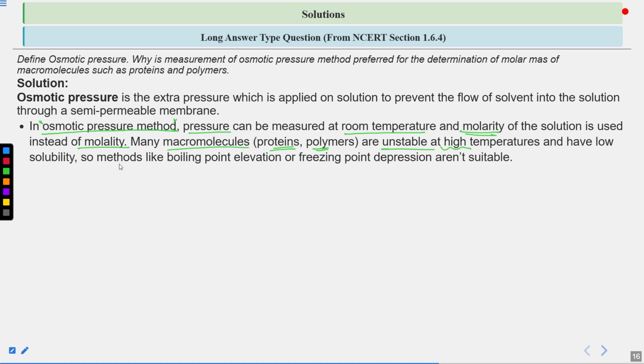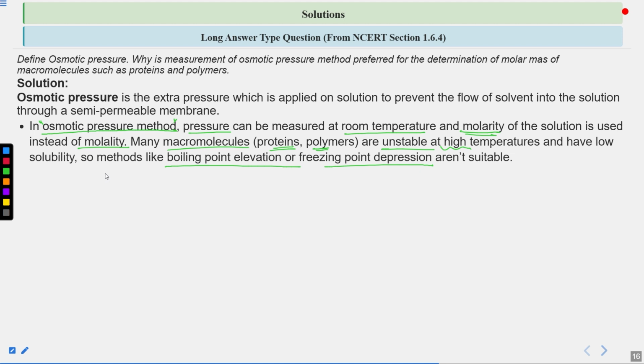Methods like boiling point elevation or freezing point depression are not suitable for macromolecules, because there you change the temperature, which is not suitable since they are highly unstable at high temperature and have very low solubility.